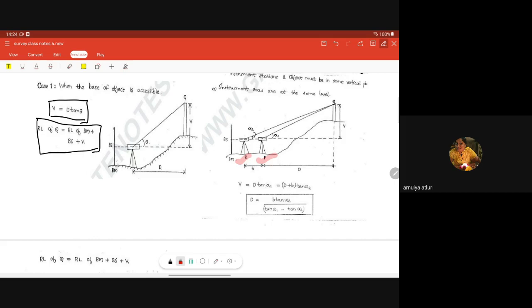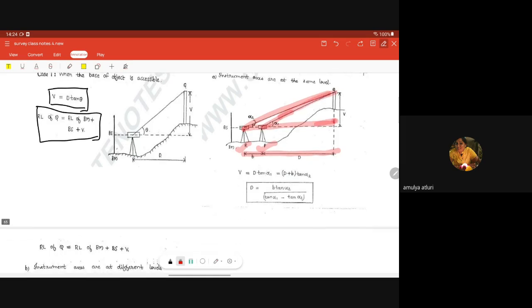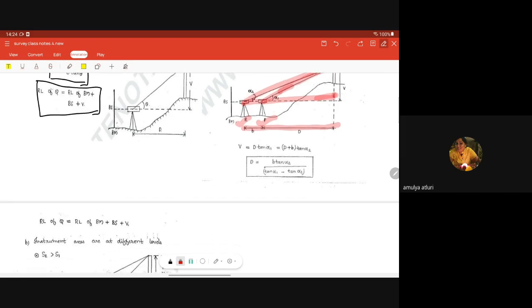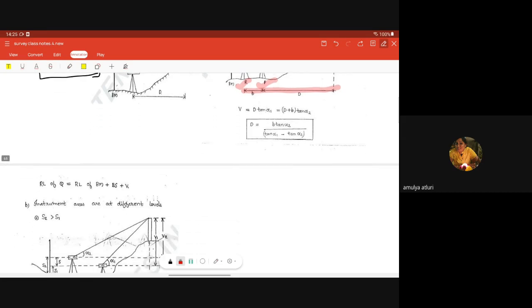Then V is equal to d tan alpha 1, that is equal to (d plus b) tan alpha 2. This is d tan alpha 1, that is my vertical height, by similar triangles. So then d is equal to b tan alpha 2 divided by (tan alpha 1 minus tan alpha 2).